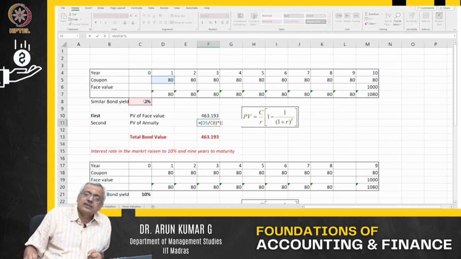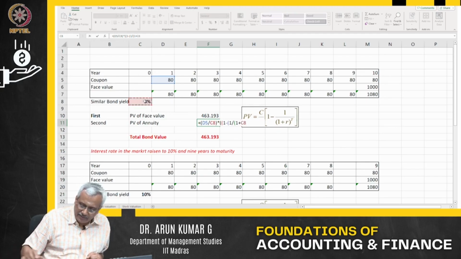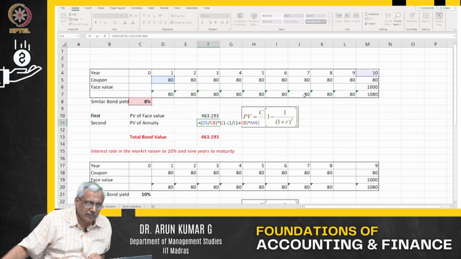The formula says 1 minus 1 by (1 plus R) to the power of T. In this case R is again 8%, and T is 10 years.